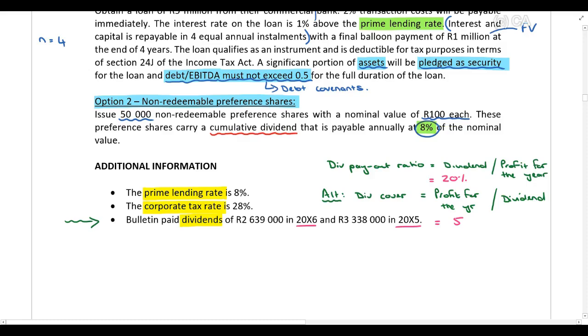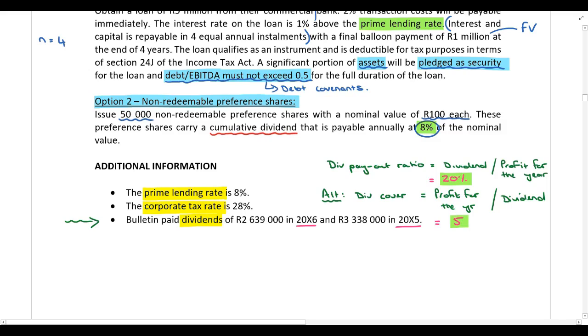On the other hand, the dividend cover ratio tells us that their profits cover their dividends 5 times. So based on the information provided for 20x5 and for 20x6, we can conclude that they maintain a constant dividend payout ratio or a constant dividend cover. That is their dividend policy.